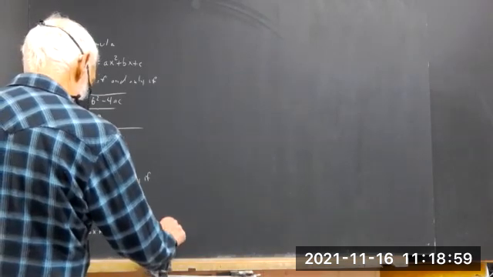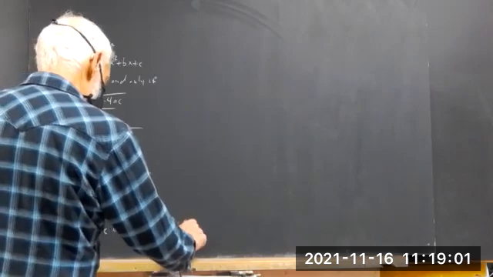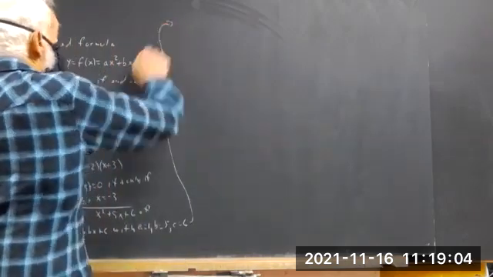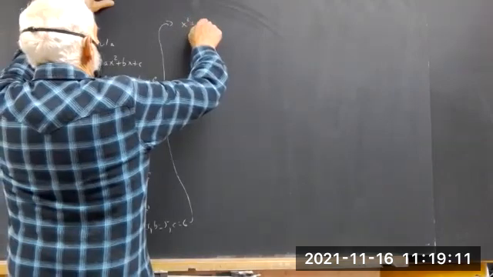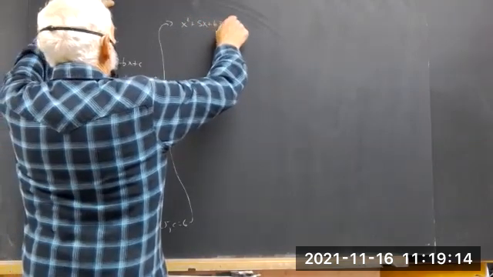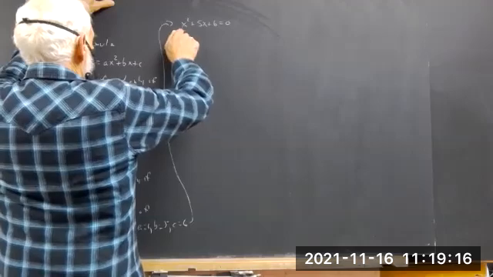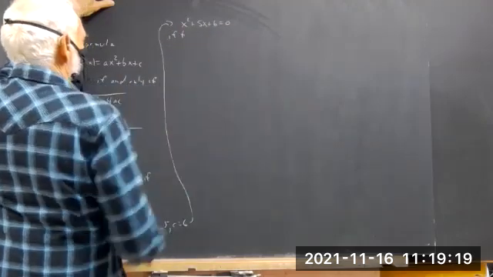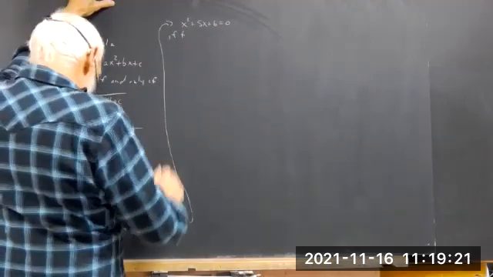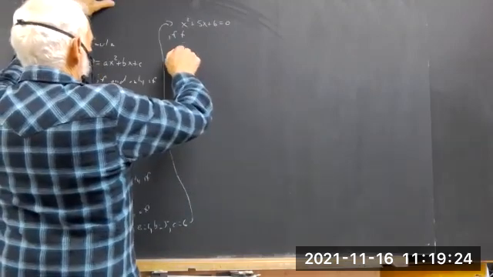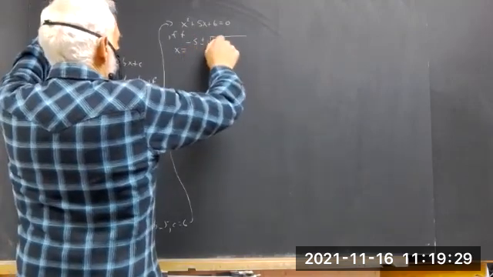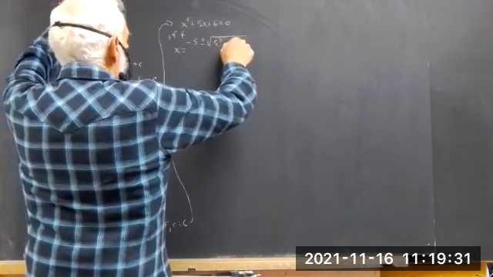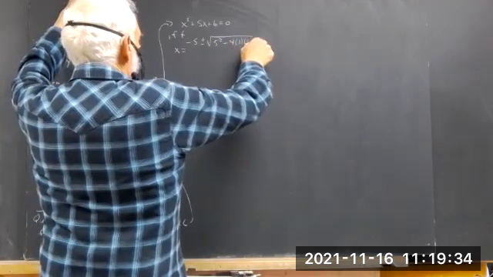A equals 1, b equals 5, c equals 6. So we conclude that x squared plus 5x plus 6 is 0 if and only if x equals -b, which is -5, plus or minus the square root of b squared, which is 5 squared, minus 4ac, which is 4 times 1 times 6.